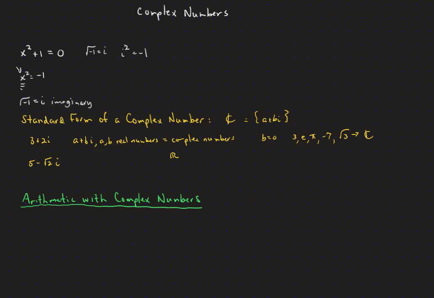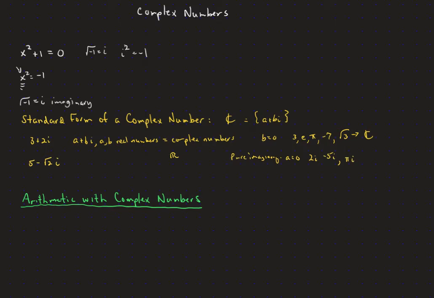So are what are known as pure imaginary numbers, where the a is 0. Those are things like 2i, -5i, pi i, there's a number for you, and so on.